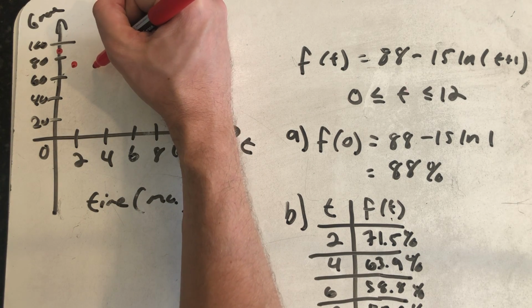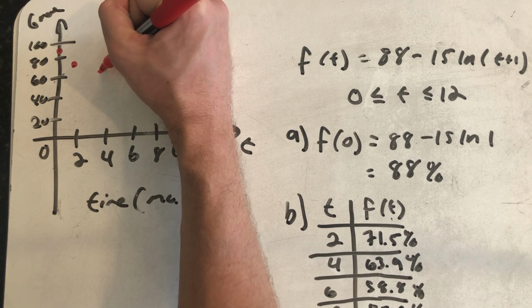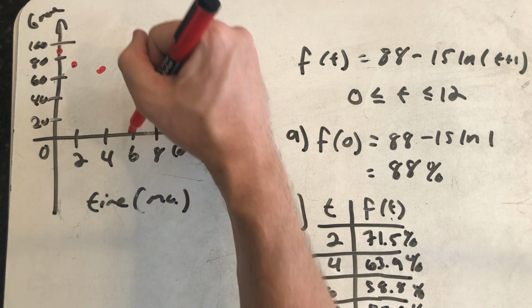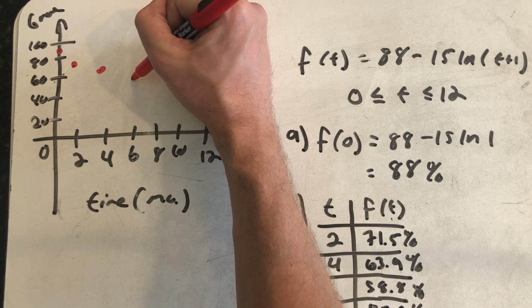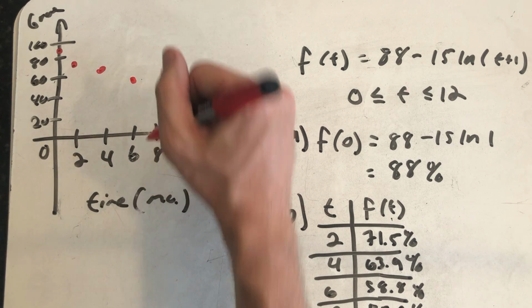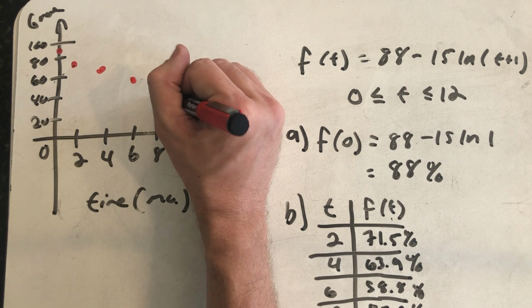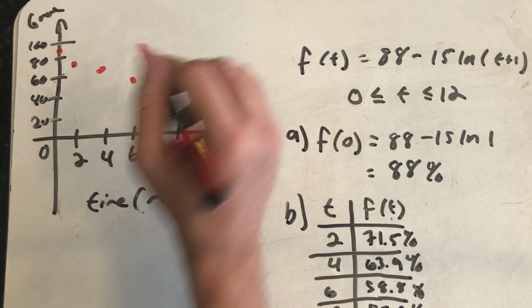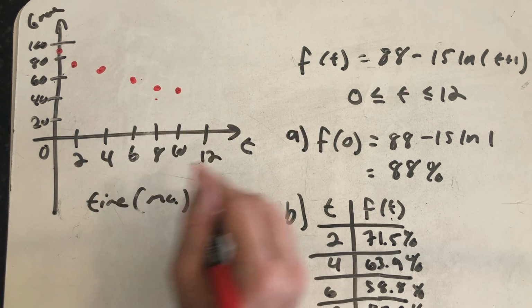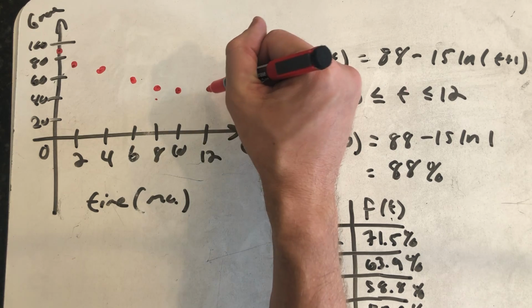So that would be 70, 65, and then 64, maybe somewhere right there. 58.8, so 59-ish, somewhere about there. 8 months, 55. So 60, 40, 50, 55, about right there. 52. And finally, almost exactly 50.